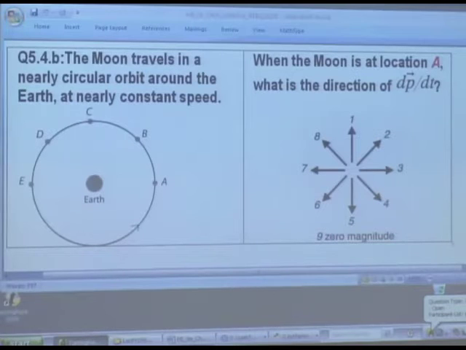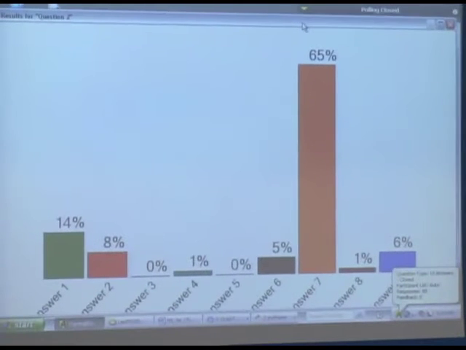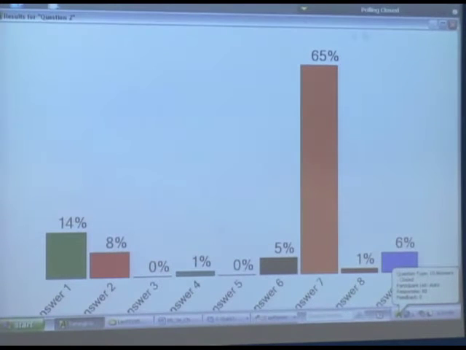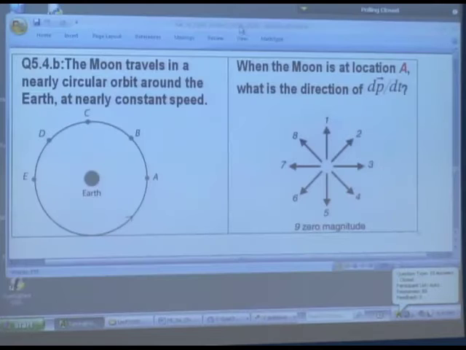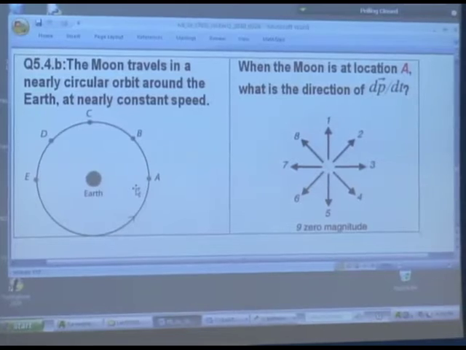We're asking about the instantaneous direction of the rate of change of the moon's momentum here. So let's use the procedure and see what we get.